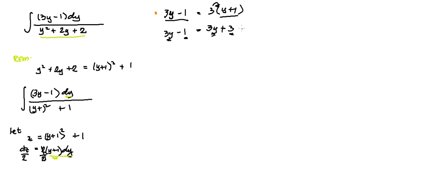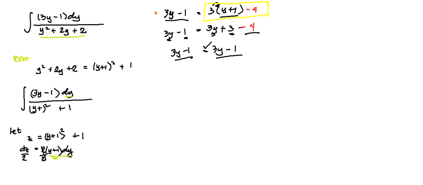So all we need to do is to add some constant here. As you can see, we need to add negative 4. If we add negative 4 here, then 3y minus 1 is just equal to 3y plus 3 minus 4, which is 3y minus 1. So they are now equal or the same. We can use this as a replacement for our 3y minus 1 because we proved that they are equal.